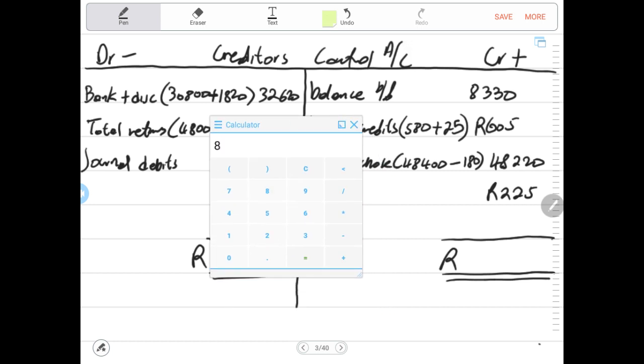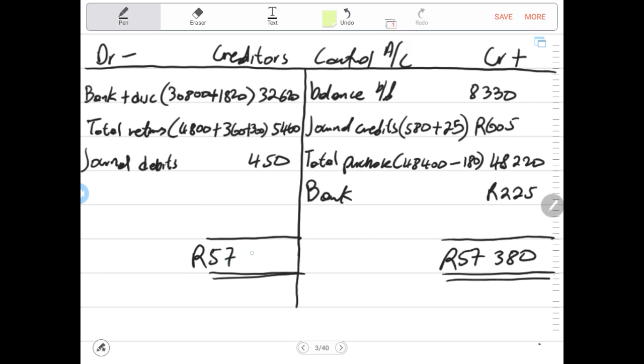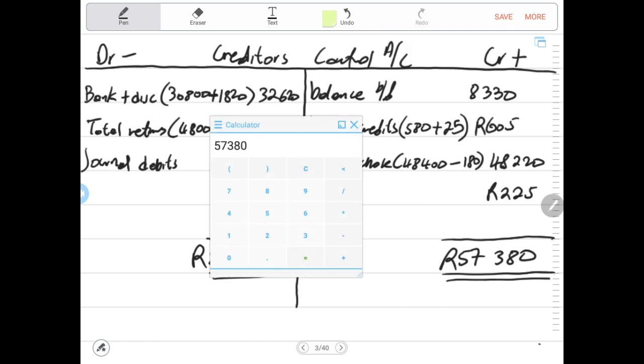8,330 plus 605 plus 48,220 plus 225. That is 57,380 rand.